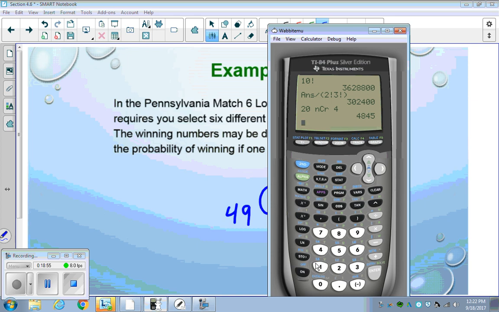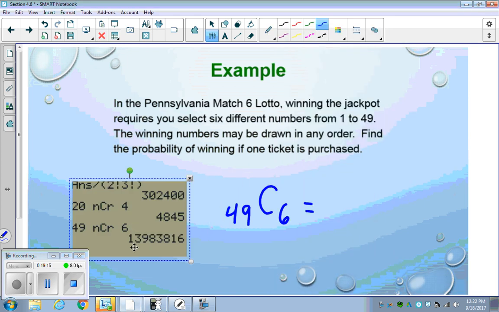So 49, going to go to math, to probability, and I'm choosing 6. Wow, yep. So 1 out of 1.4 million. Just put 1 over that number.